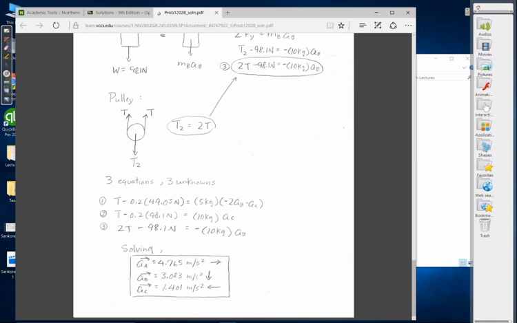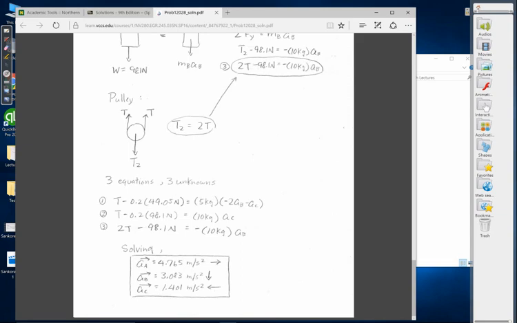You could use a calculator if your calculator could solve systems of equations. And these are the three accelerations that you get. All right, so that is an example dealing with Cartesian coordinates. Keep in mind then, always draw your two figures. And once you've drawn your two figures, then it's very easy to go ahead and write out your equations.